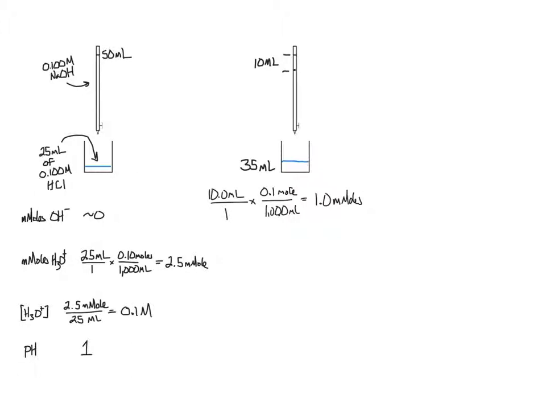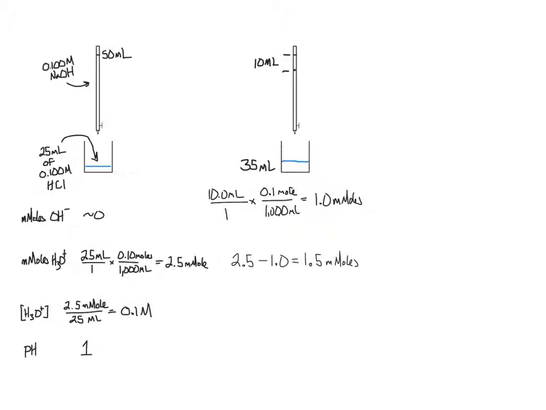When the hydroxide is added, it reacts directly with the hydronium. So to calculate the hydronium concentration, we originally had 2.5, but now we're going to react away 1 millimole worth of that. So now we have 1.5 millimole hydronium left.